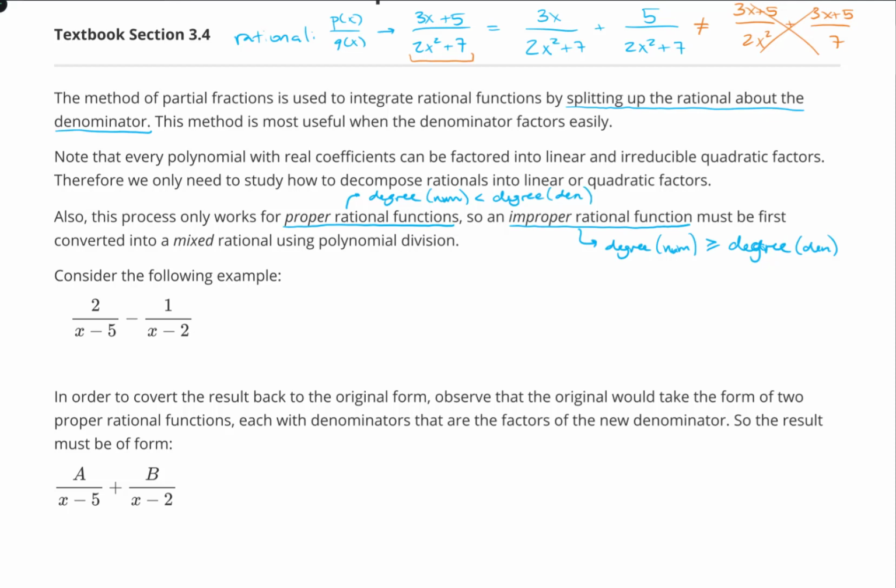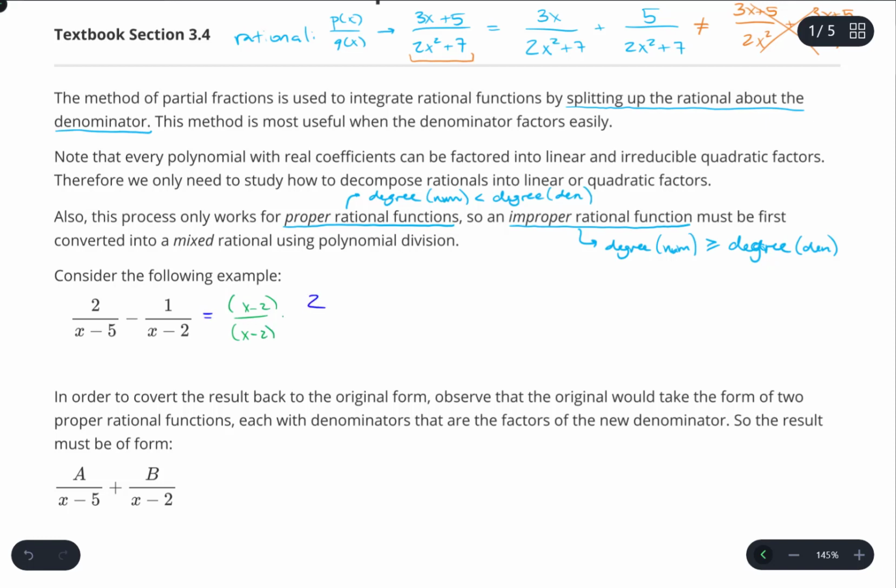So I could, for instance, say this is going to be x minus 2 over x minus 2 times 2 over x minus 5, minus, and then take x minus 5 over x minus 5 times 1 over x minus 2.